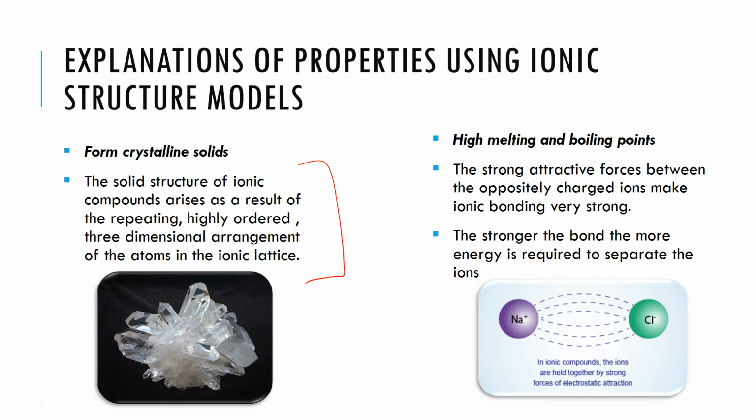High melting points and boiling points, again, this is because of our strong attractive force between oppositely charged ions. Remember, we always have to say what it is and then what it's between. So in this case, oppositely charged ions. And the stronger the bond, the more energy is required to separate the ions. So if it's a +1 and a +1, that would be a weaker bond than, say, a +2 and a -2, remembering that magnitude of the force counts as well.